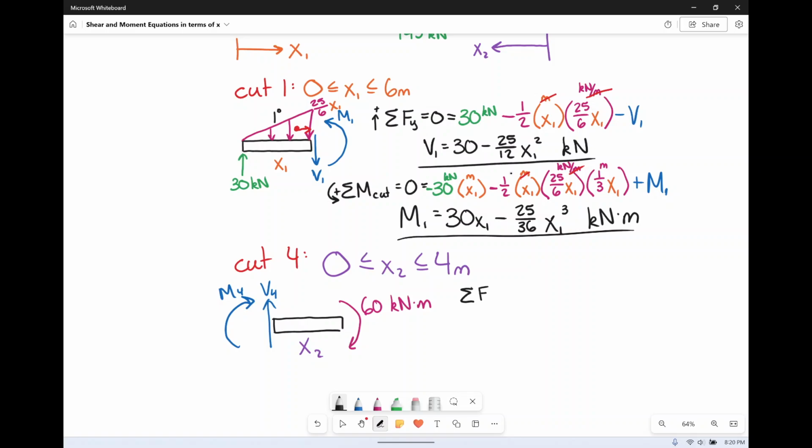If we sum our forces in the y direction, set it equal to 0, you'll notice that there are no forces. That's not shear 4. Yes, there are none. Isn't that cool? Which means that if you were to graph this out, there is no change in shear at the very end. There is absolutely no shear in that beam at the very end, which is kind of cool, honestly.